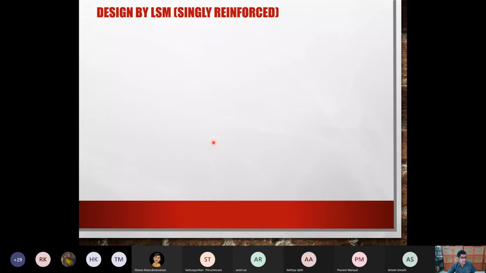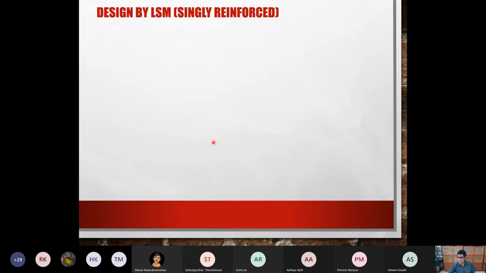The opposite of analysis is design. In analysis, you will be given the size of a concrete beam, some reinforcement, grade of steel, grade of concrete, etc., and you will be asked to calculate the ultimate moment of resistance, the stress in the steel, and things like that.